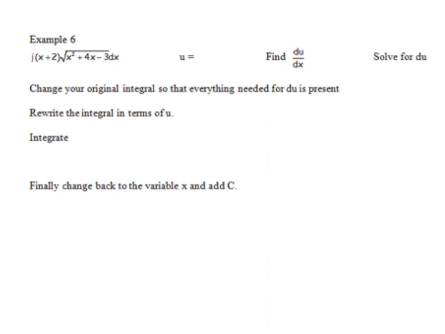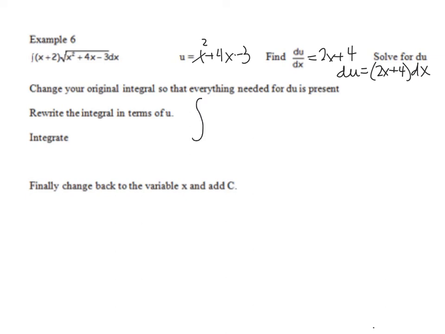So once again, we're looking for u. This one is a little more complicated this time because it's still got the radical, and that's going to be our u. So we have x squared plus 4x minus 3. And then I'm going to take the derivative, which is going to be 2x plus 4. Solve for du, so du is equal to 2x plus 4 dx.